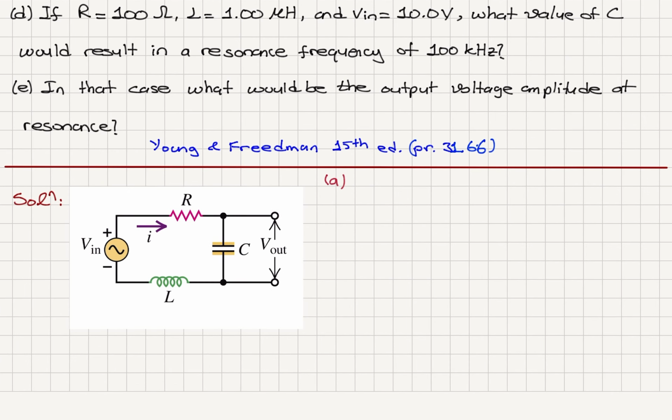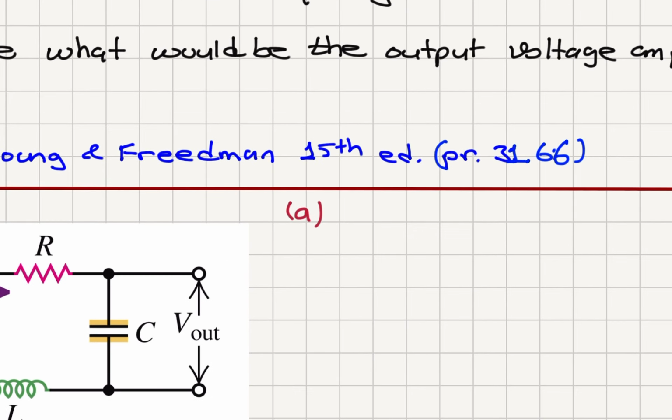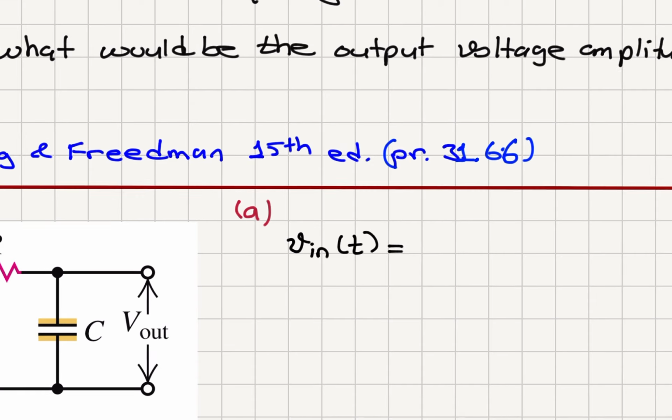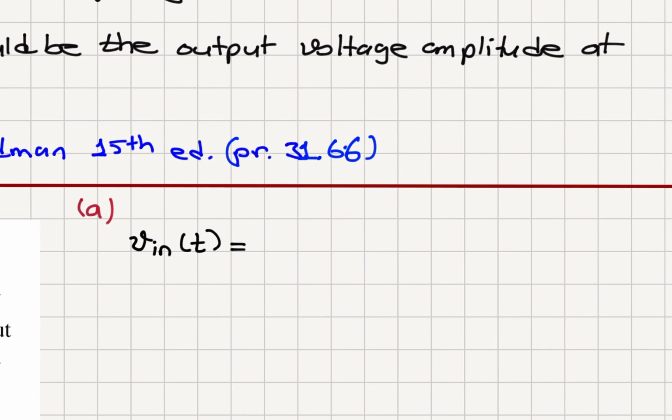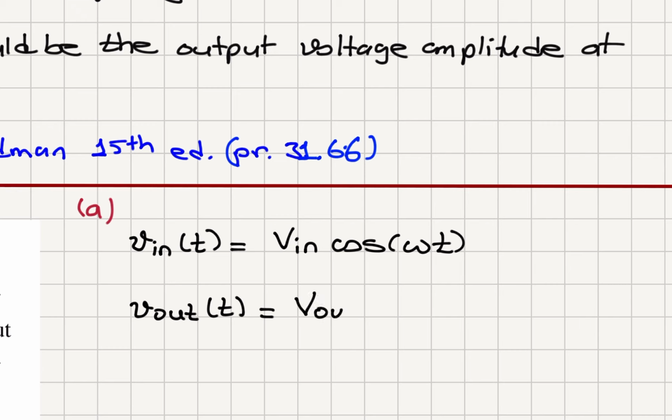So in this circuit, let's first note what we know. The input voltage Vin as a function of time t is given as the amplitude Vin cosine omega t. The output voltage, which is the voltage taken across the capacitor, is the output voltage amplitude Vout cosine omega t plus theta.